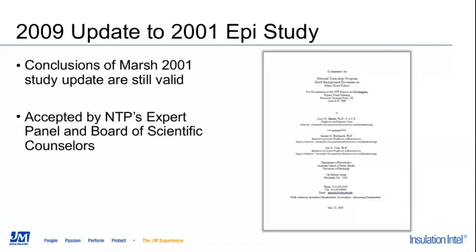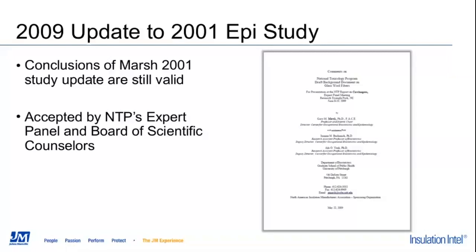The first Epi update was done in 2009. It was done by Dr. Marsh, who was the principal investigator of the 2001 cohort study update. He looked at all of the Epi studies that took place between 2001 and 2009, and he came to the conclusion that IARC's decision to remove insulation glass wool from its possible carcinogens list was still valid.